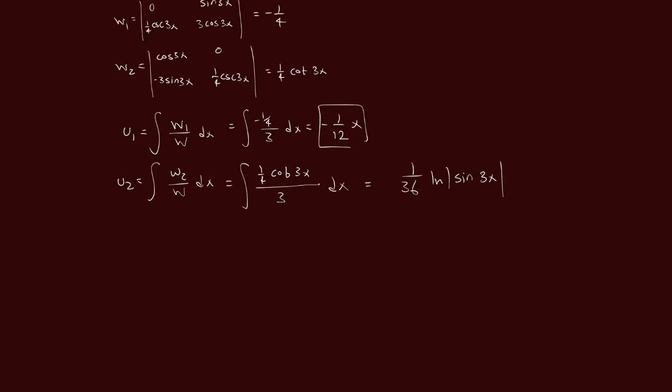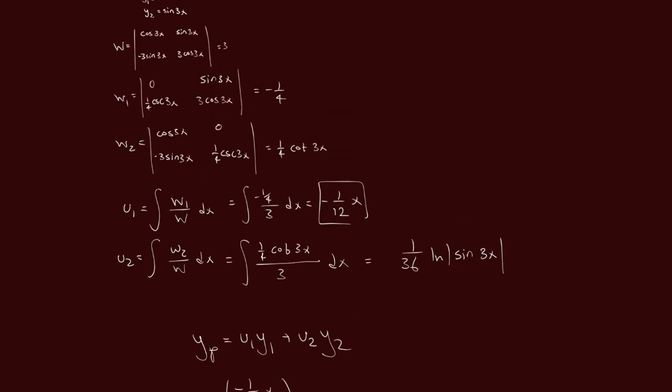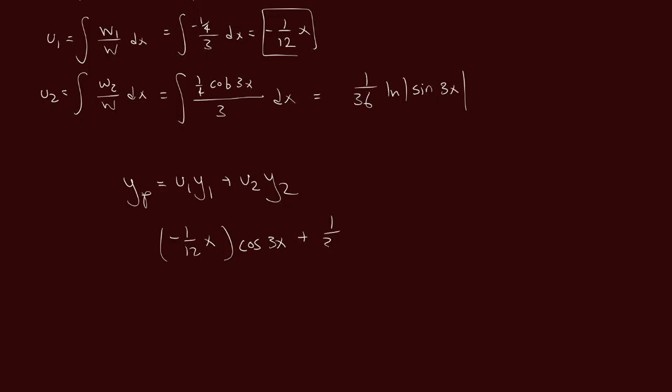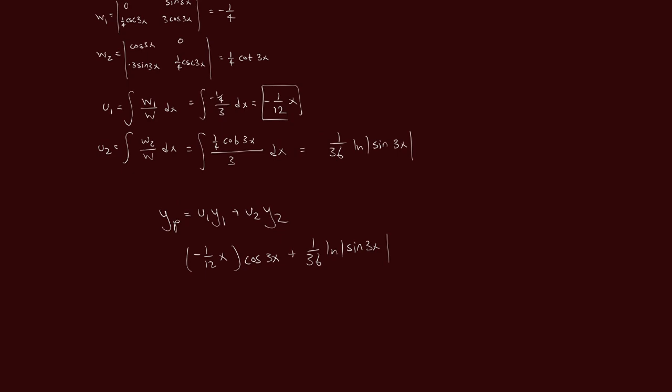Now we have u1 and u2, so our yp will be u1 times y1 plus u2 times y2. So it'll be minus 1 over 12 x times y1, which was cos 3x, plus u2, which is 1 over 36 ln of sine 3x, times y2, which was sine 3x.